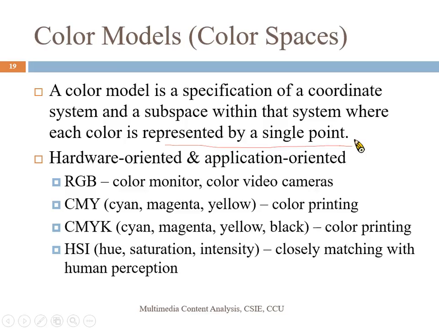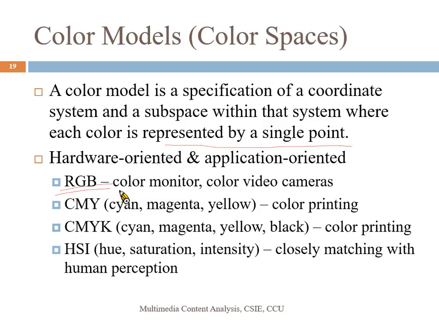Okay, and for computer or computer-related systems, we have already designed many color spaces. For example, depending on the hardware orientation or the application, we may select one of them to represent color. For example, the RGB color space. That means we specify a color based on the strength of red, green, and blue.